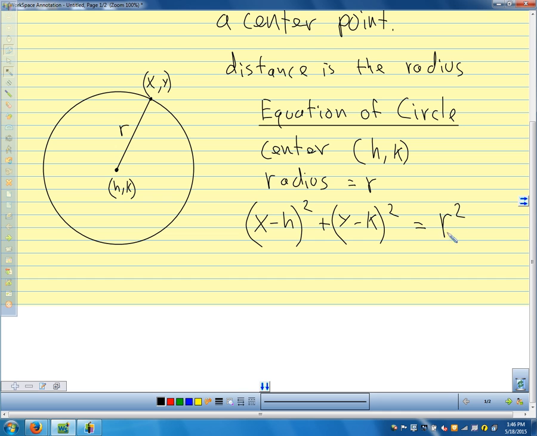And in the equation, our radius is squared, which comes from using the distance formula. That's really the gist of what we're talking about today. All I want to do is go through a couple of examples of using this equation in different ways, and then we'll be done.